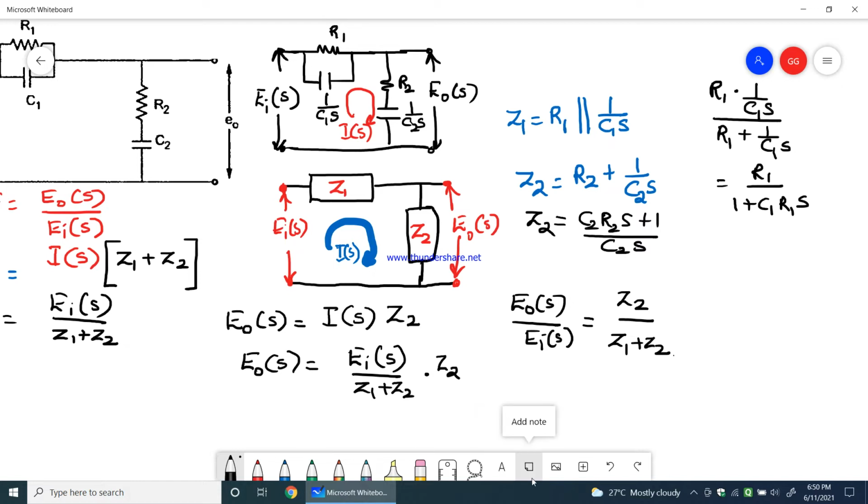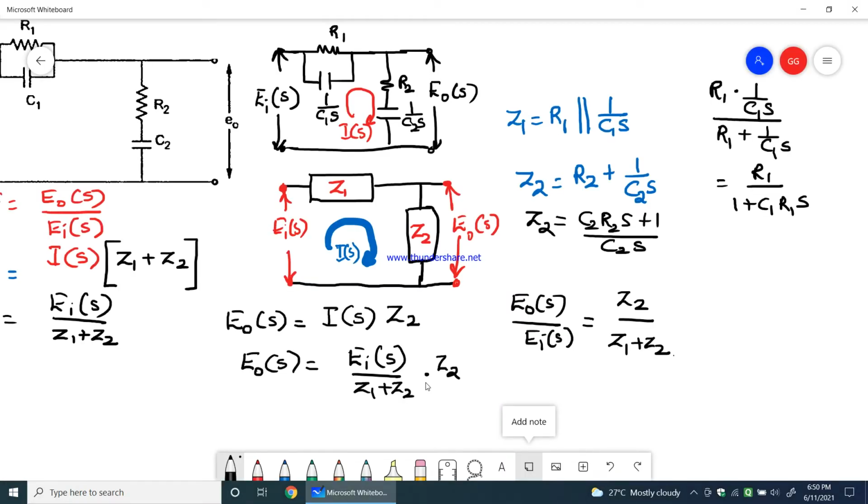This is the final answer, the transfer function for the given network. You can substitute Z1 and Z2 in this equation and finally find the answer.